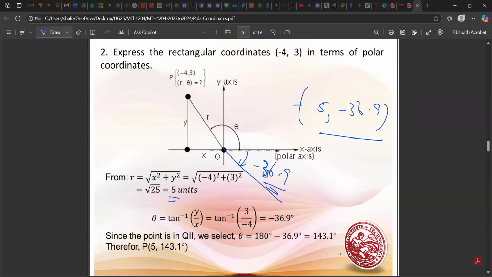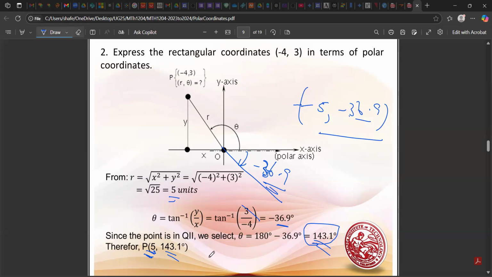So this writer is saying, no, let's not go that way. Use the positive value, right? The 180 minus the 36.9, get the 143.1 and use the positive 5 instead. That's what it is. Positive 5 and this obtuse angle, right? Nothing is wrong with you saying -5, minus 36.9.